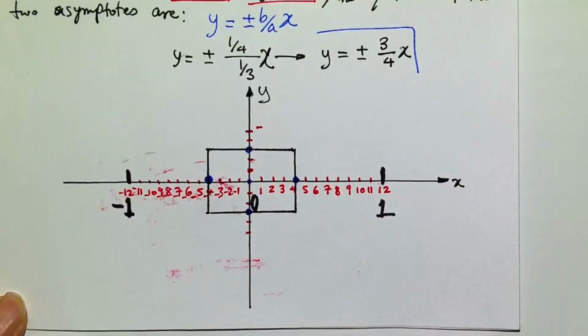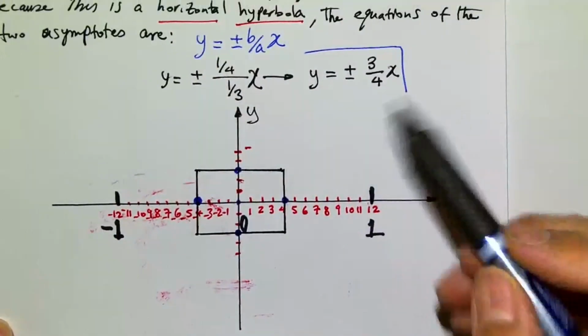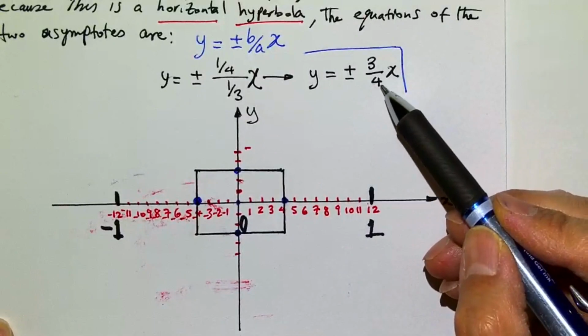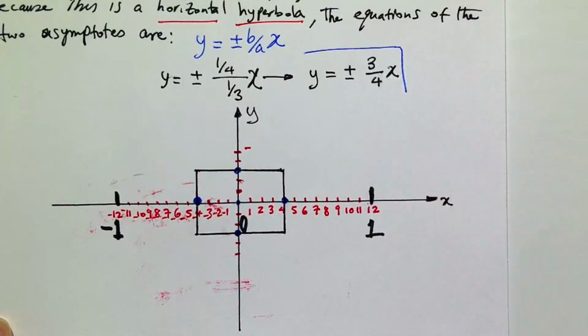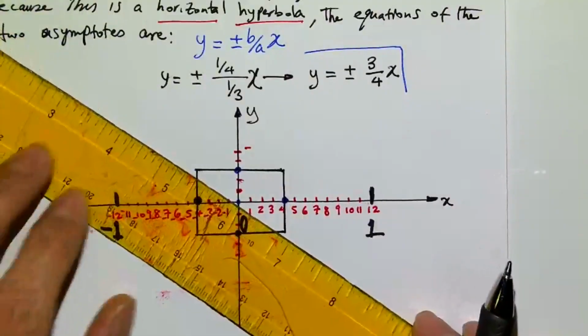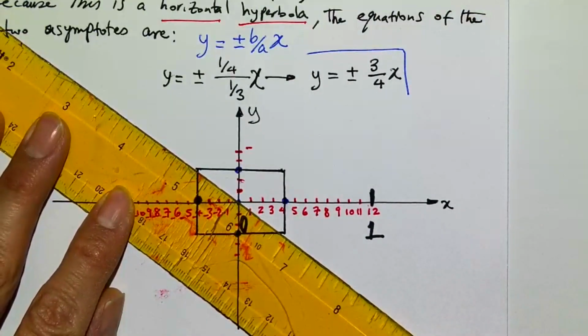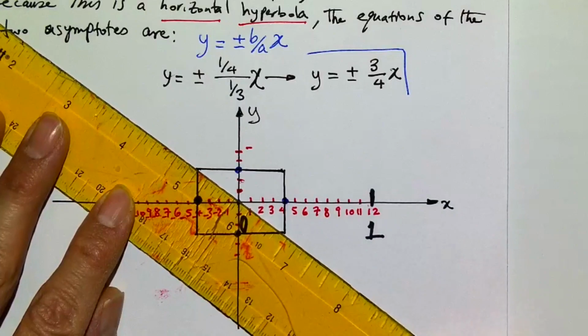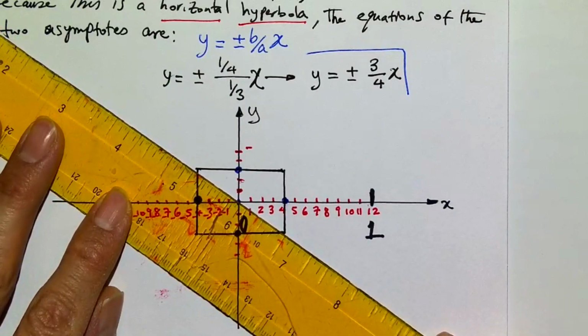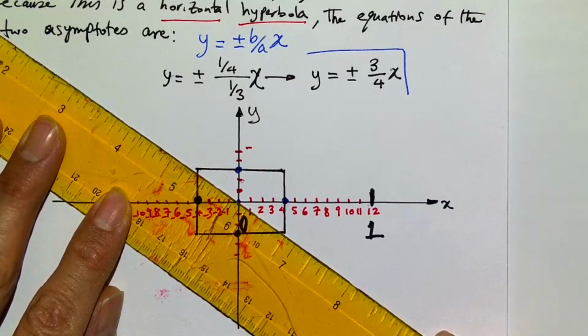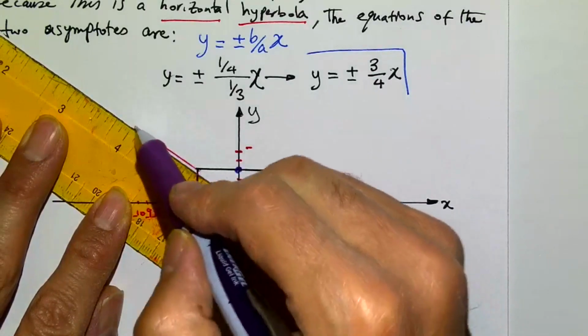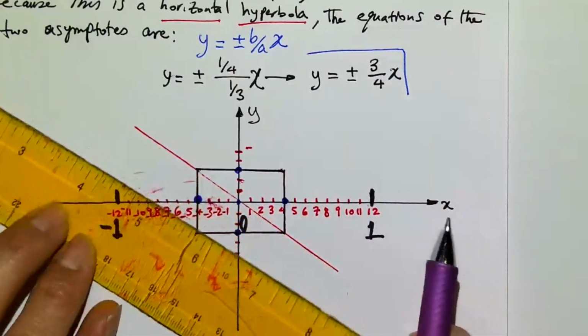So where are the asymptotes then? We know the equations for them. This is the equation for the asymptotes. Minus 3/4 x would go this way, downhill, right? So if I draw this with my red ink here, going right through the origin, not bad. I'm not that off. My asymptotes are not that off.